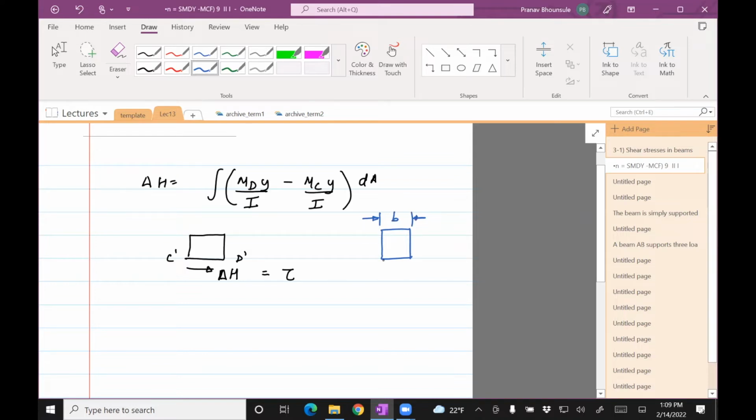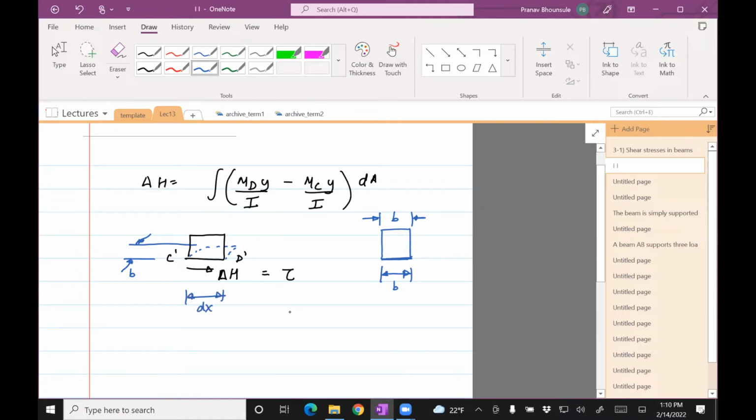If you will, you can draw this like this. Since this is b, this is the cross-sectional view, this is going to be b. And then since this length is along the x-axis, that's dx.